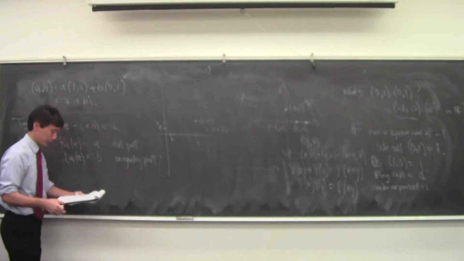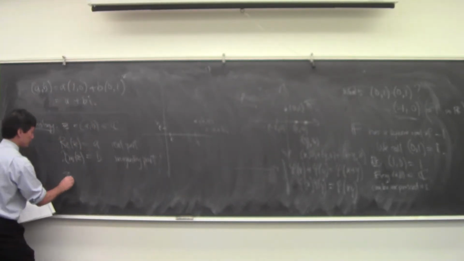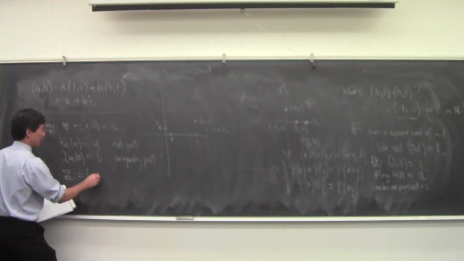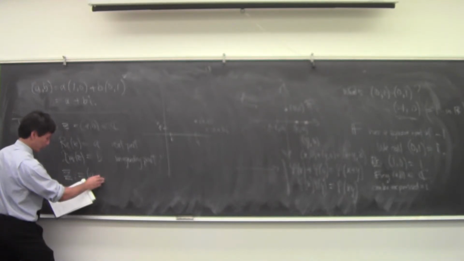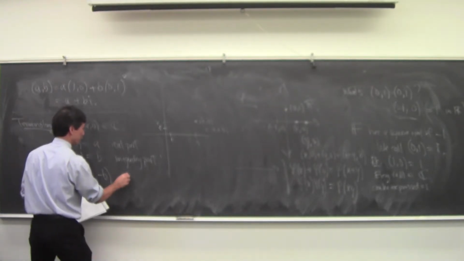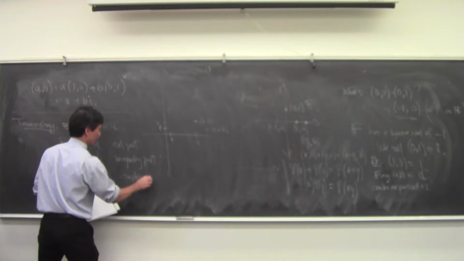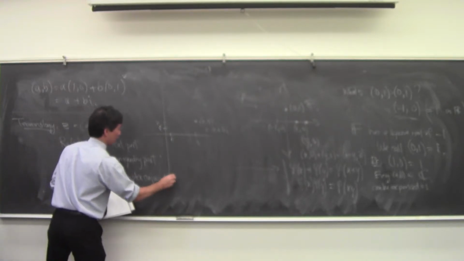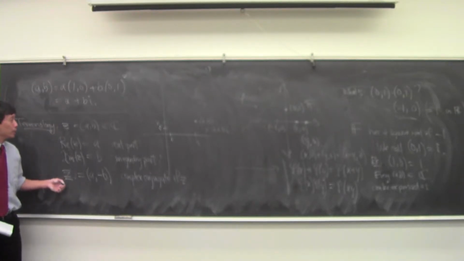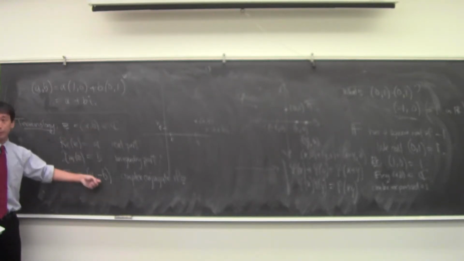Real part, imaginary part. There's something called z bar, which is defined to be a minus bi. It's called the complex conjugate of z. In other words, you take the imaginary part and you flip it over.